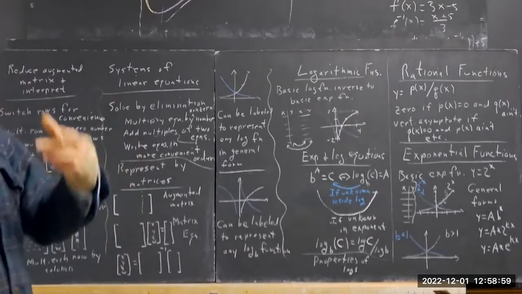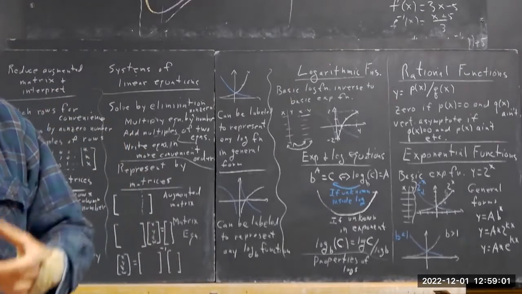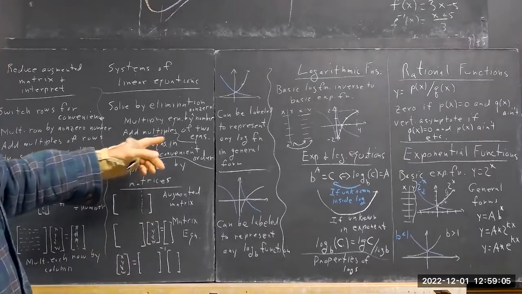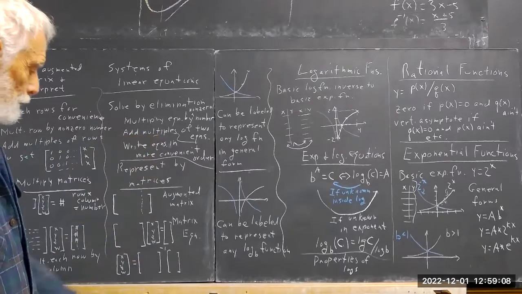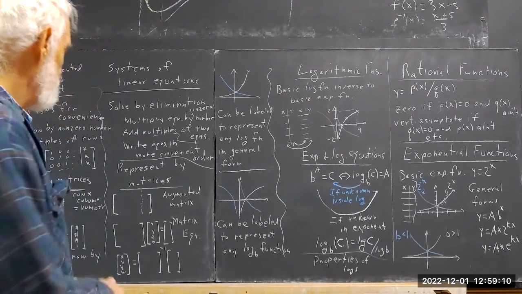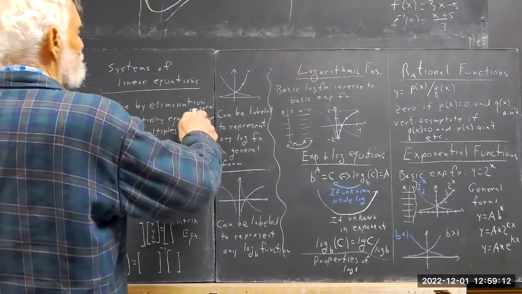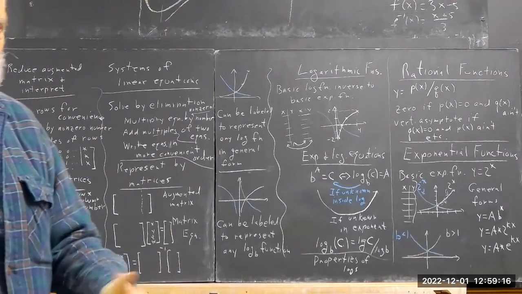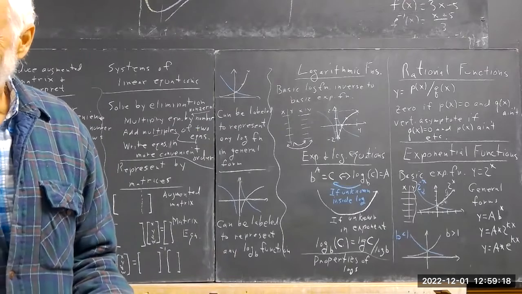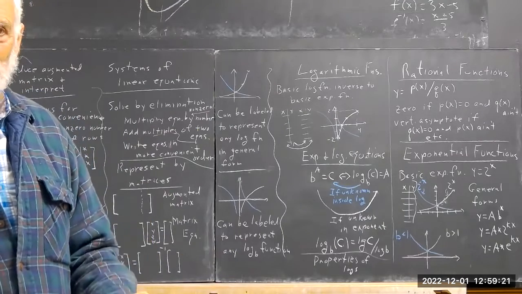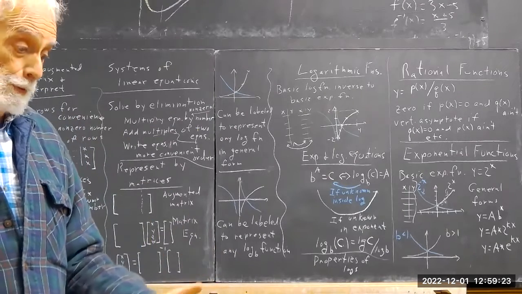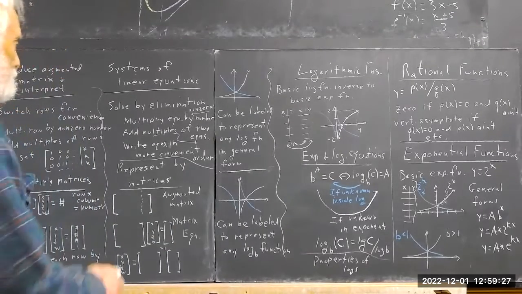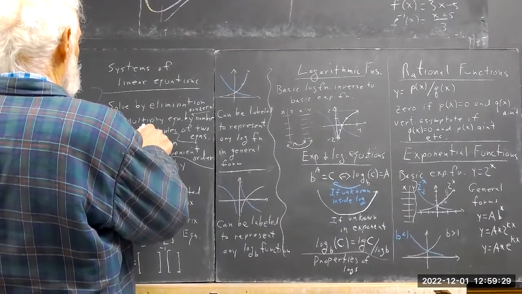So you basically get a true statement by adding multiples of equations. To be technically correct, I put the word non-zero in here. If you multiply both sides of an equation by 0, you lose all your information. You have an equation that has a graph, and all of a sudden you have 0 equals 0, which is true, but that's not telling me anything. So they have to be non-zero multiples here.